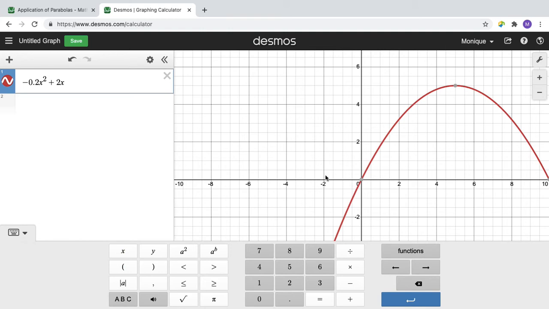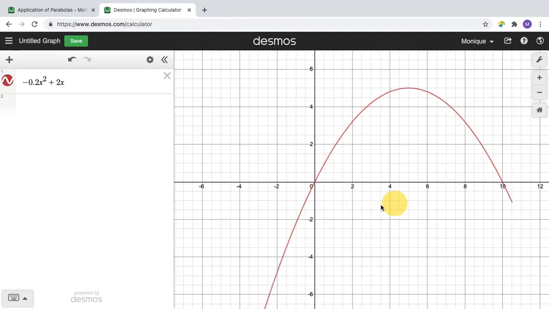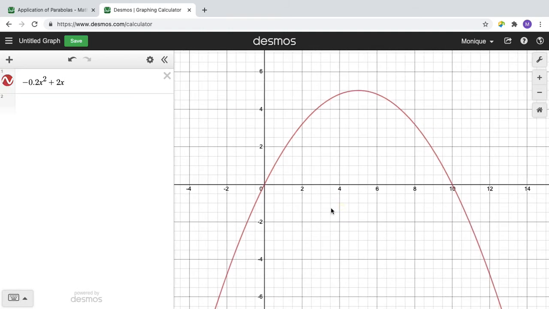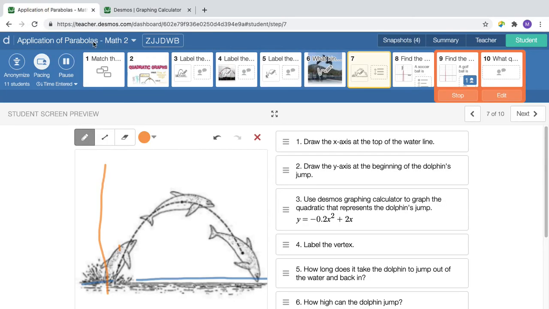So here is the dolphin's jump graph, and this helps us assign some numerical value to all the parts of the dolphin's graph. Keep in mind the x values represent time, the y values represent height. Once we have that graph, we're going to label the vertex.